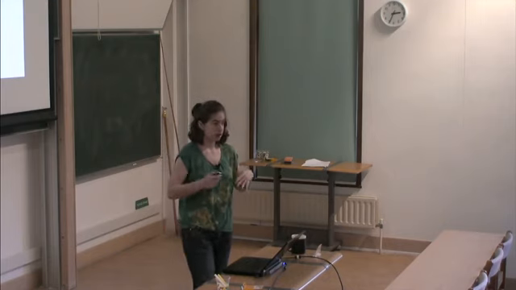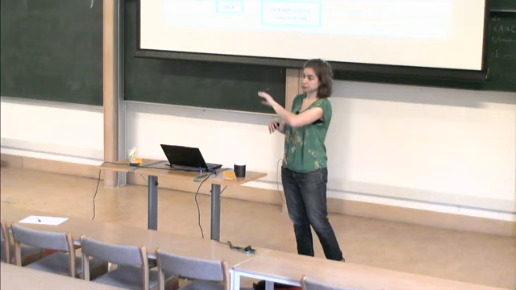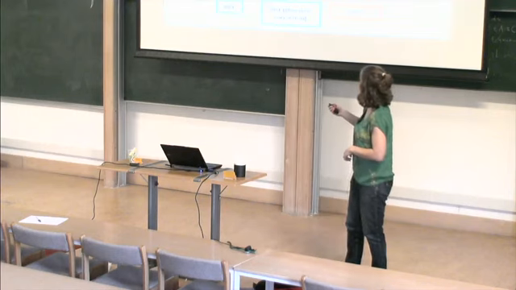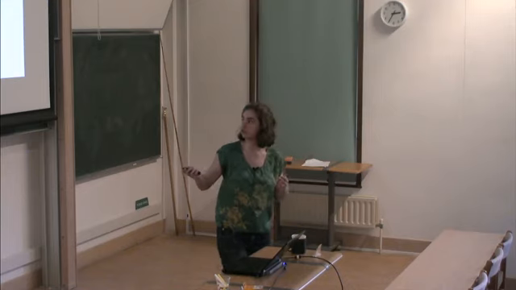So we ran this on the superconducting qubit system, and we compared QPT, quantum process tomography. That's the standard setup where you just prepare, act with your process, and then measure. And RBT, and RBT no error correction is our reconstruction. So no error correction, remember there were 2 things that we characterized.